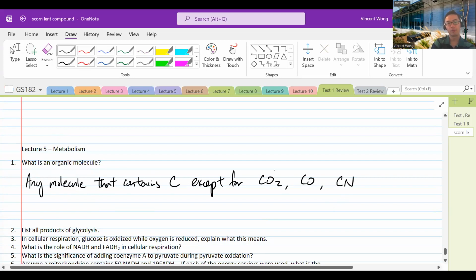Whoever came up with this rule decided to exclude these things. I think there's a question on the test that asks which of the following is an organic molecule. So choose everything that has a carbon in it, except for these ones.